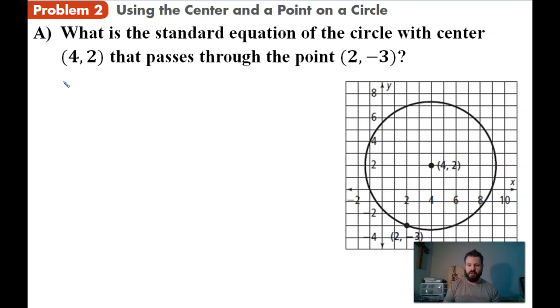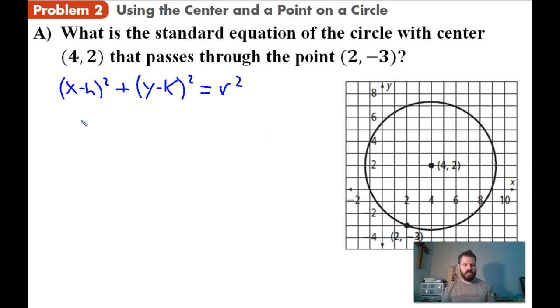We know our standard form equation of a circle is (x minus h) squared plus (y minus k) squared is equal to r squared. So filling in what we know, we've got (x minus the x coordinate 4) plus (y minus the y coordinate 2), both those squared, is equal to the radius squared.